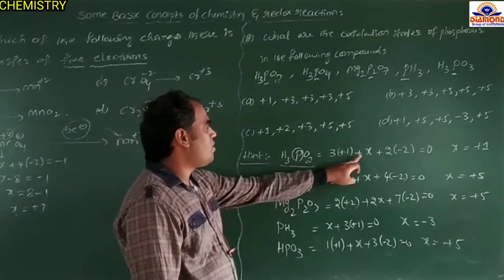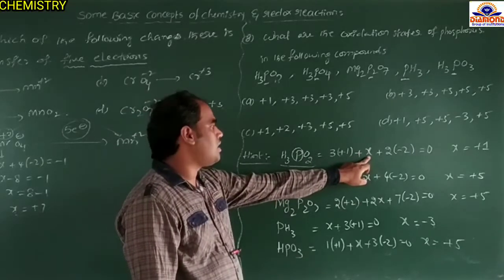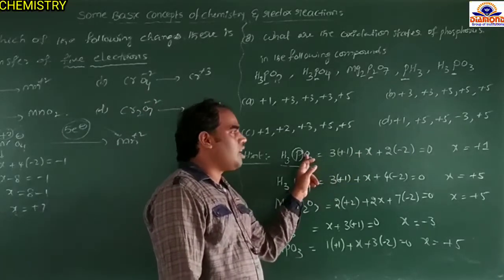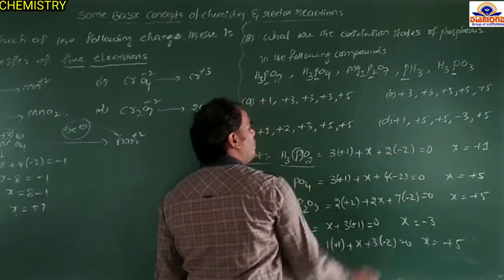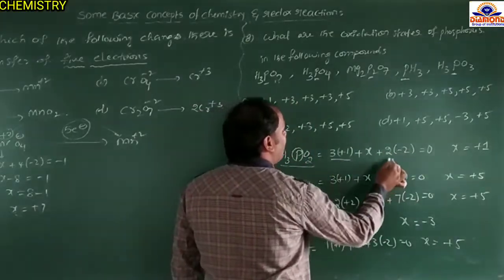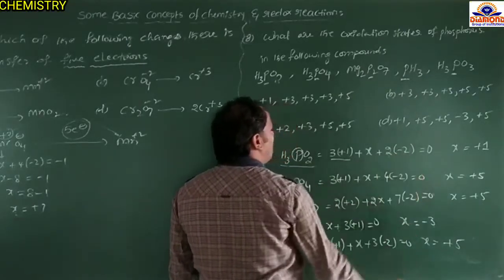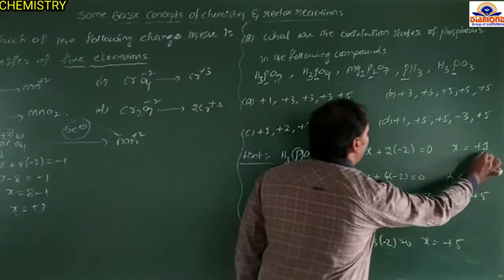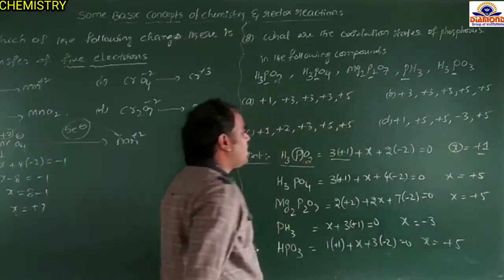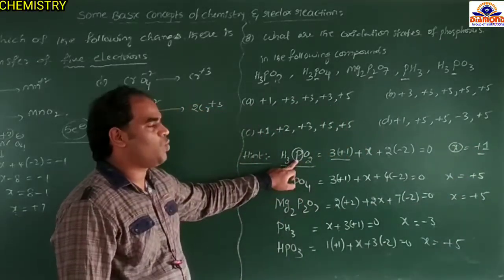Phosphorus is considered as X. 2 oxygen, common oxidation number -2, therefore 2 into -2, equals -4. So +3 minus 4 is +1. Therefore, in this case, phosphorus oxidation number is +1.